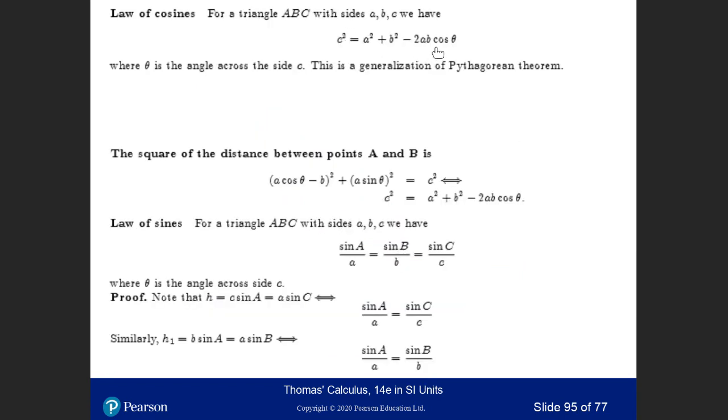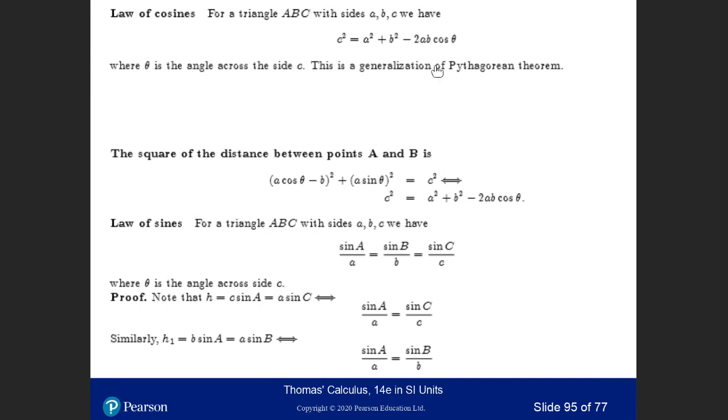This is the law of cosines for a triangle with sides small a, b, and c. C squared is equal to a squared plus b squared minus 2ab cosine theta, where theta is the angle between the sides a and b, or on the corner c.